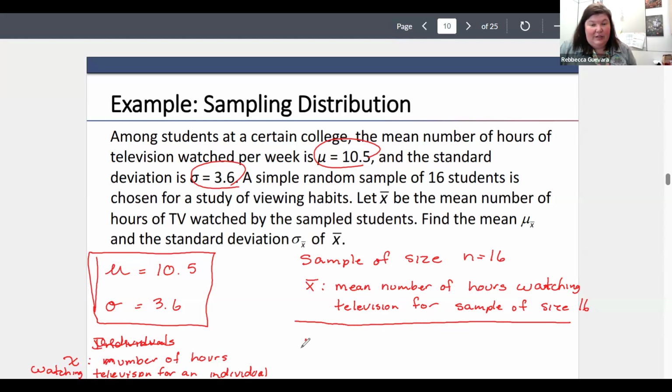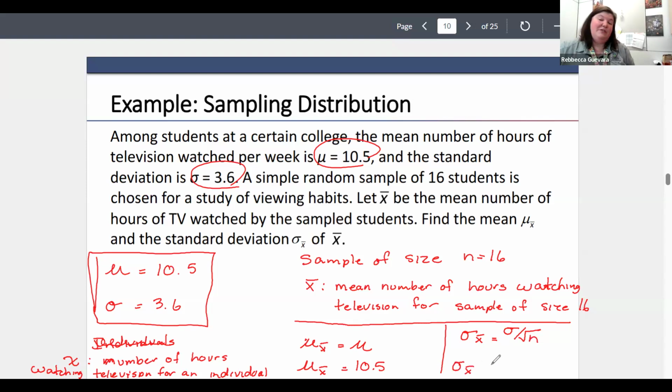What we know is that mu sub x bar is equal to mu, and we know that mu is 10.5. Therefore, mu sub x bar, the mean of all my means, is going to be 10.5. So the mean of my sampling distribution is this. Sigma sub x bar is going to be sigma divided by the square root of my sample size n.